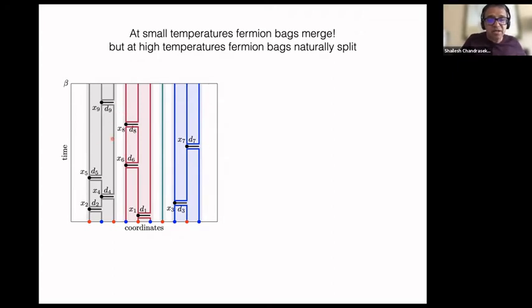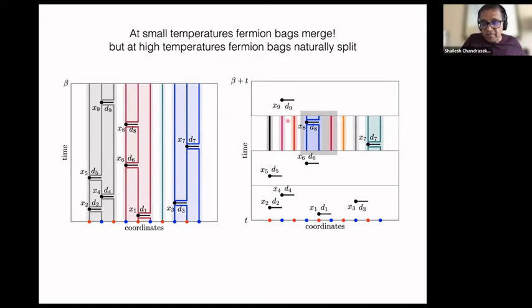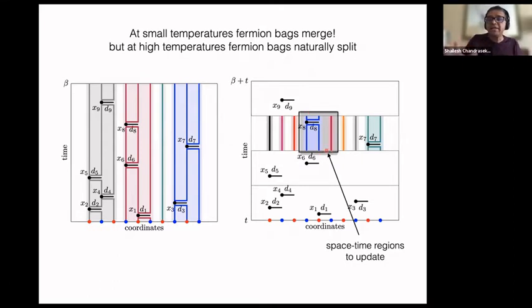Everything has gotten mixed. But then if you look at some kind of a finite time slice, then again, I'm sort of exploring in that region some fermion bags. And so when I do updates, I can still use this idea of fermion bags and only update sort of big regions in space-time, right? So that's sort of the advantage.